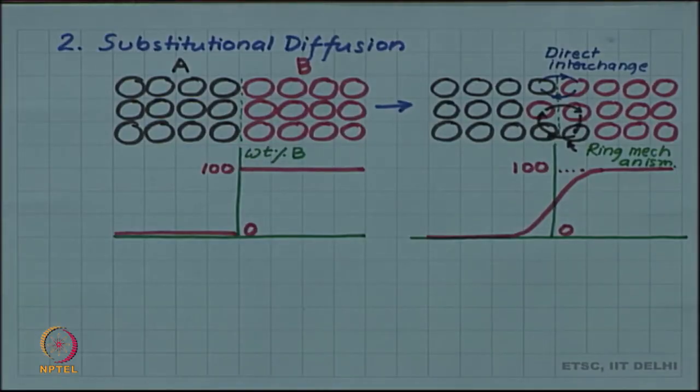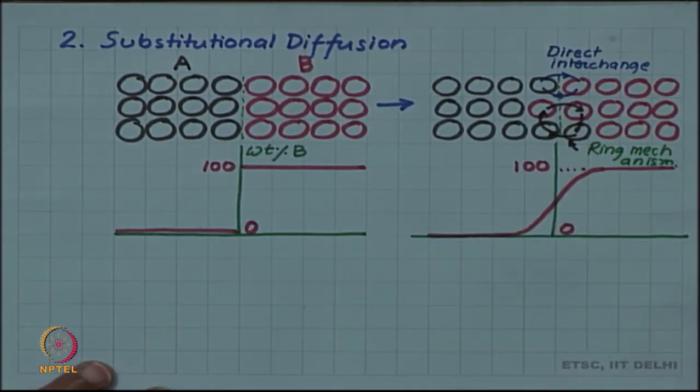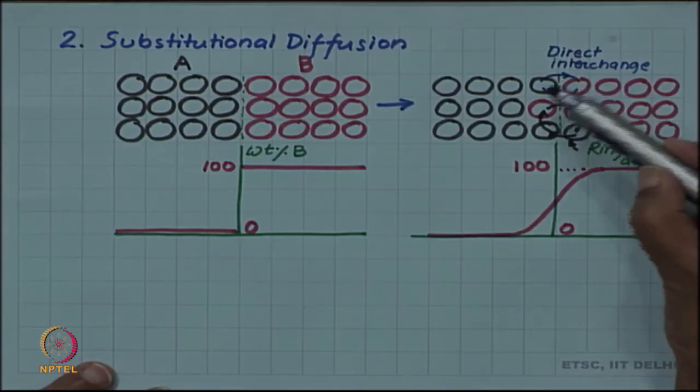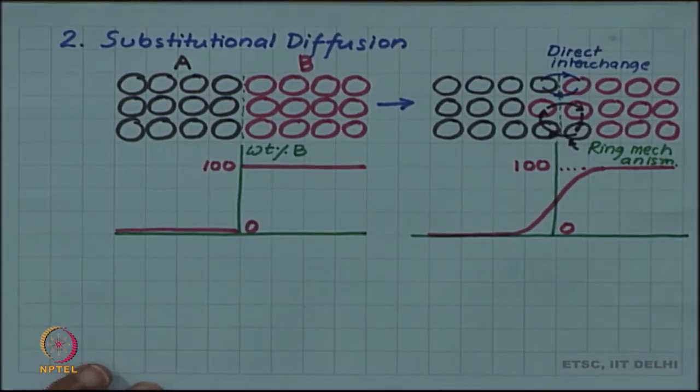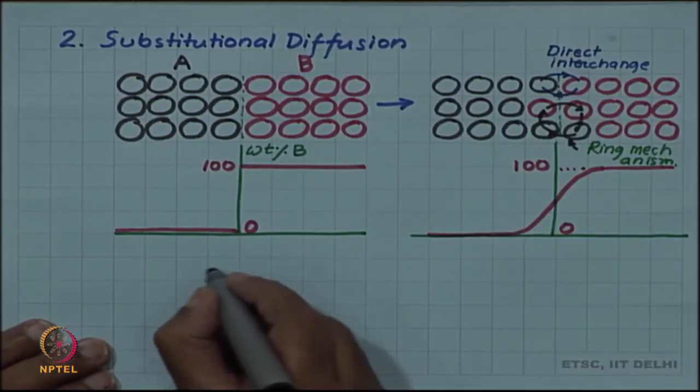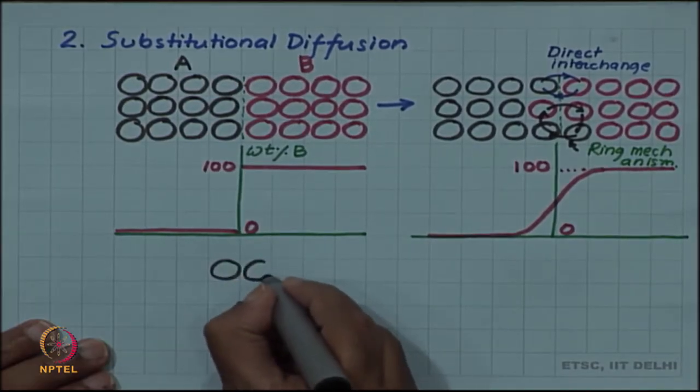Actually, there are experimental observations which negate both these and have been shown. For example, it has been shown that they require much higher energy than is possible in diffusion processes. So, both these mechanisms finally have been ruled out in favor of a third mechanism, which is now the accepted mechanism for diffusion, and that is the vacancy mechanism.